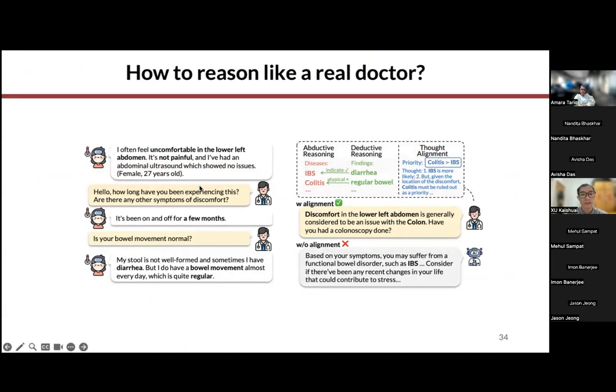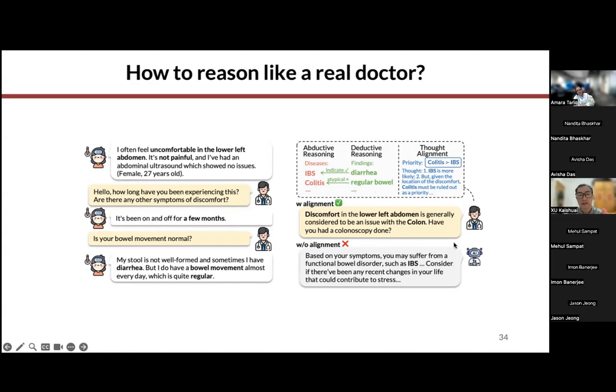The left is the context. In this context, the patient displays some symptoms or situation with a bigger probability of IBS. For example, these findings support the disease, and these findings oppose the colitis.